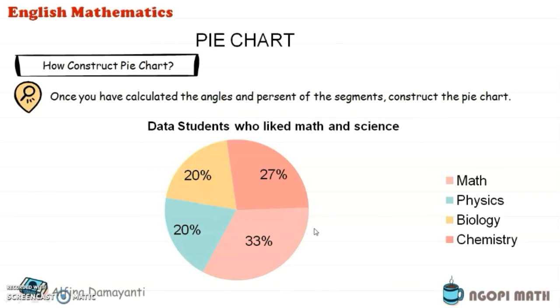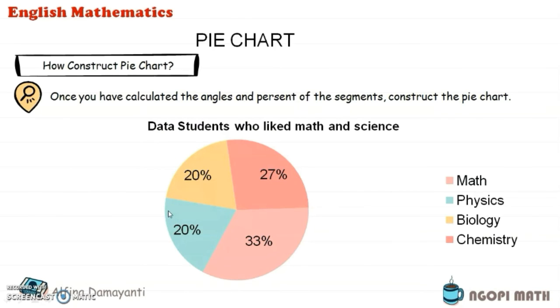Last step. Once you have calculated the angles and percent of the segments, construct the pie chart. This is the construction of our pie chart. We can read this pie chart.